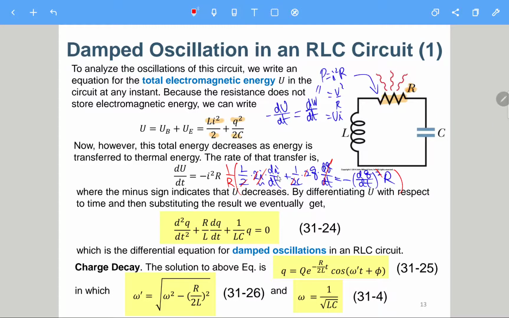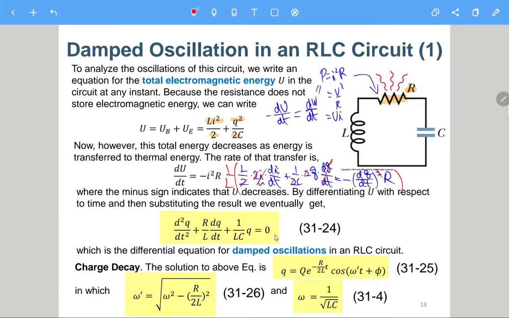Actually this one is the second derivative term, and then divide by L, so we have R over L times dq dt, and then move it to the left side, so we have a plus sign here. And then this is q, so we divide by LC, so we have 1 over LC times q equals 0 here. So actually we can derive this one.